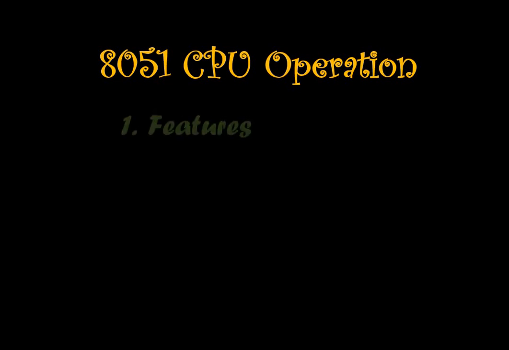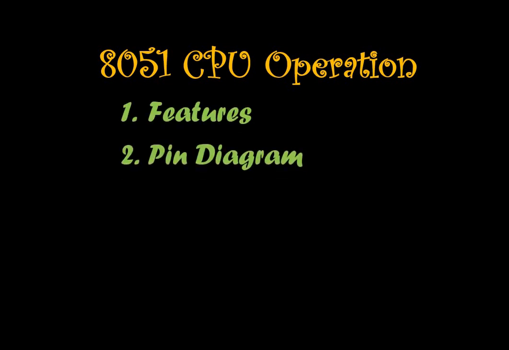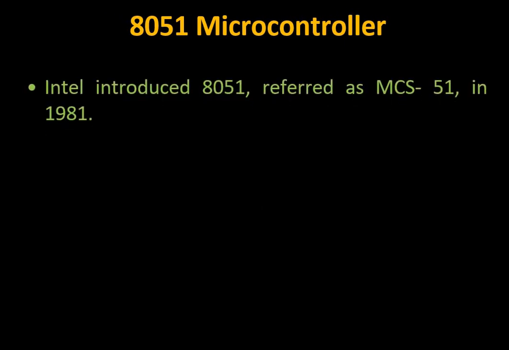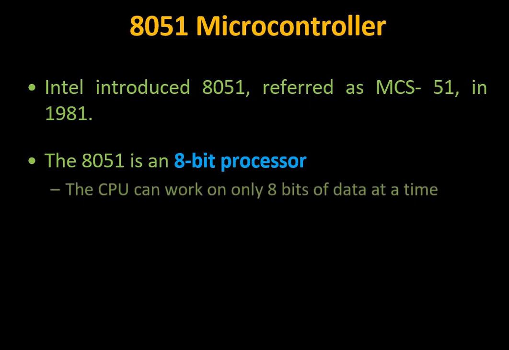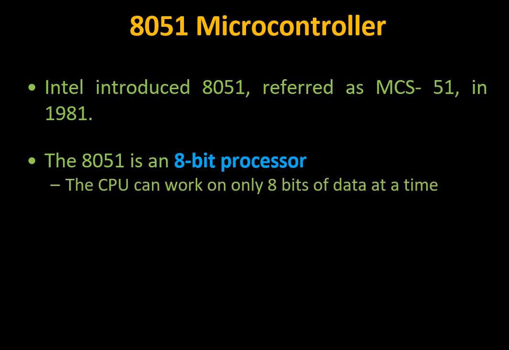Okay, now the 8051 CPU operation, which covers features, pin diagram and block diagram. The 8051 microcontroller was first introduced by Intel, referred to as MCS 51, in 1981, and it is an 8-bit processor. The CPU can work on only 8 bits of data at a time.